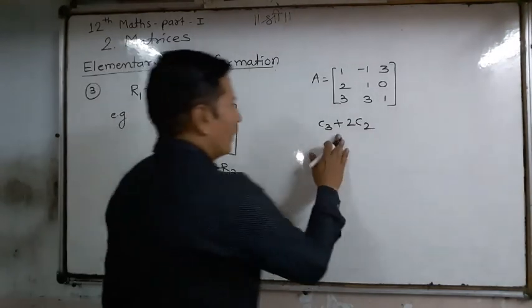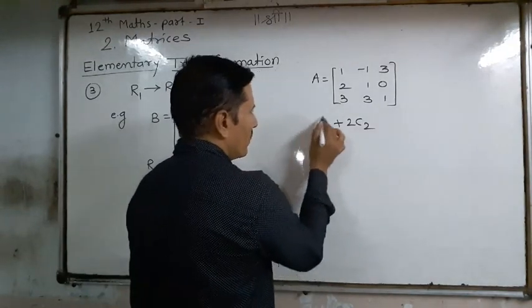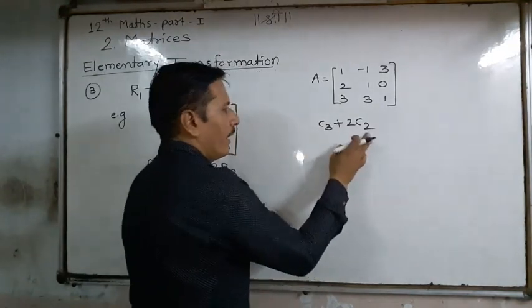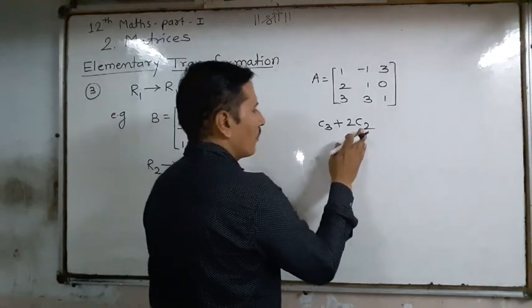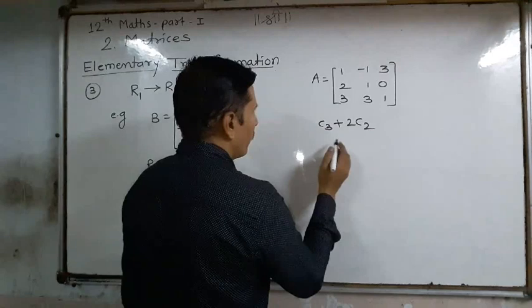That means here we have to change a column. Which column is changing? C3, by adding the corresponding elements of multiples of C2.